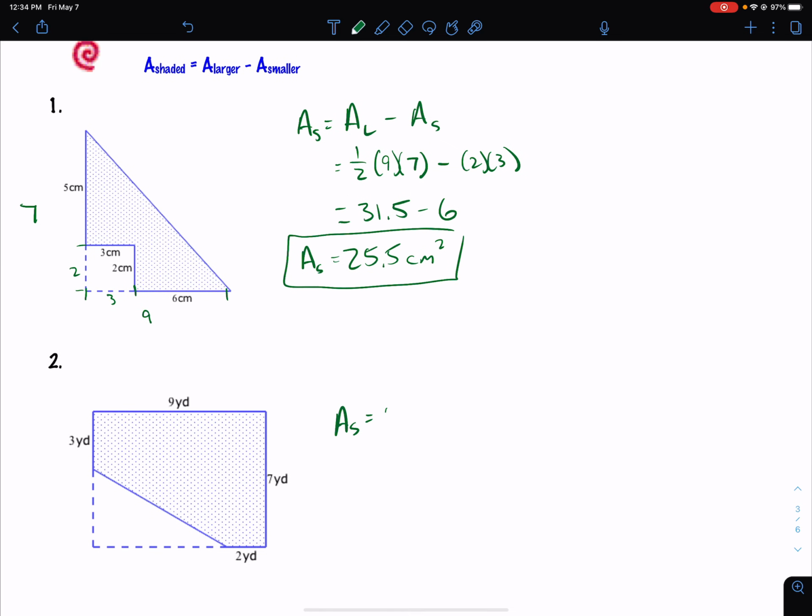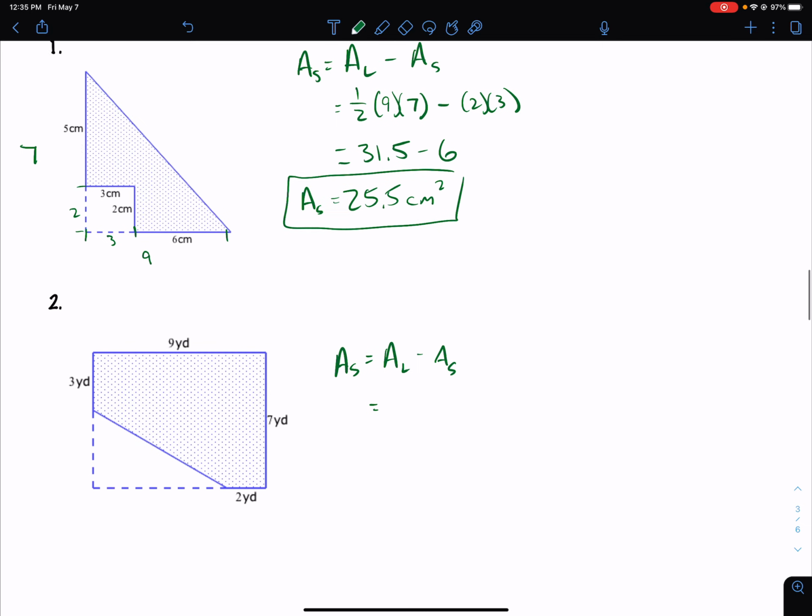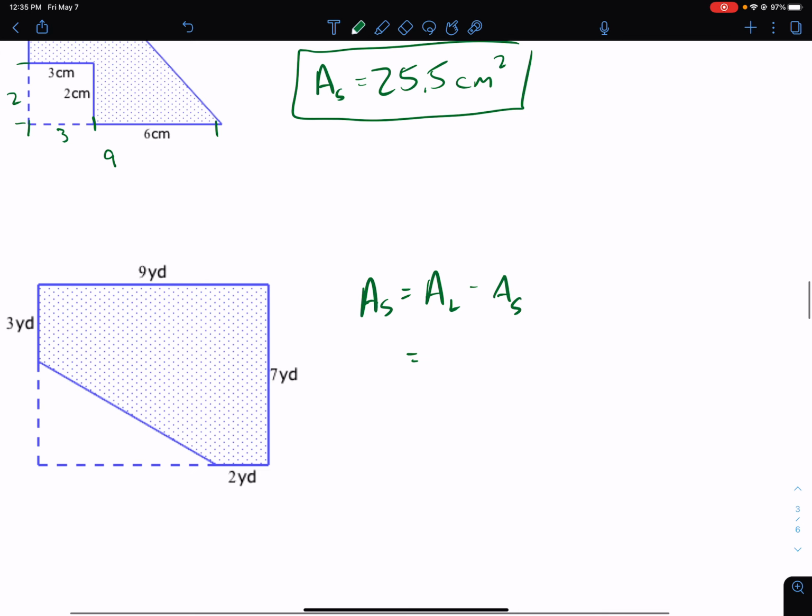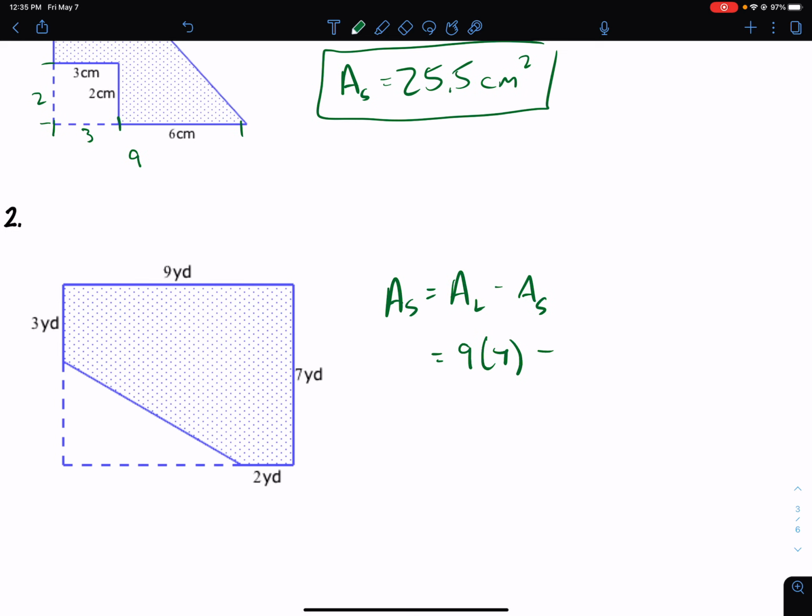So area of shaded is the area of the larger minus the area of the smaller. Okay, so the area of the larger is just going to be the rectangle. So the rectangle is 9 times 7. Now the smaller, we got to find the units of this triangle, okay? So if this right side is 7, and I know this much is 3, then this has to be 4.